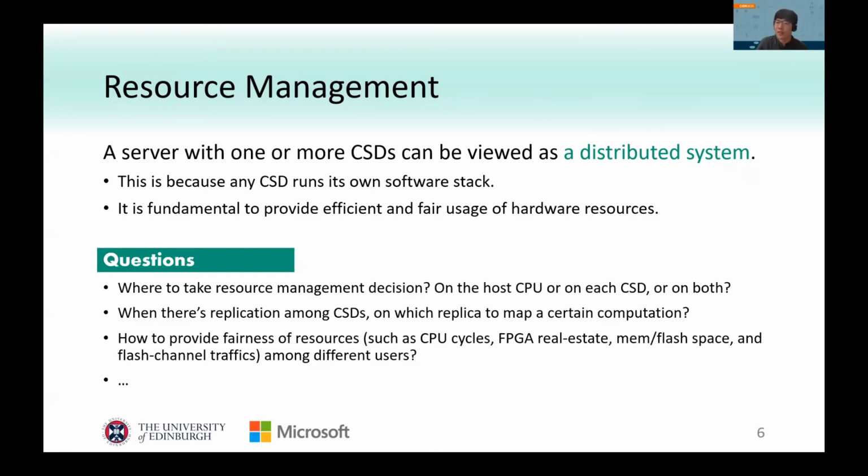Therefore, it is very fundamental to provide efficient and fair usage of hardware resources, including processing units, memory, and storage. For this purpose, right resource management policies may be needed to balance the workload among computational storage devices in order to meet performance and power goals. Also, such policies are required to guarantee that no single resource is overloaded at any given time.